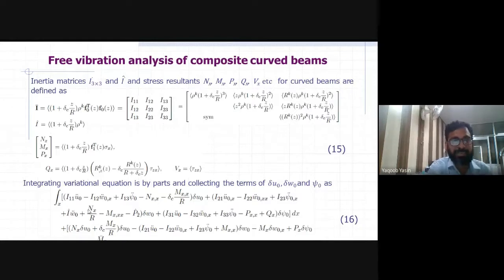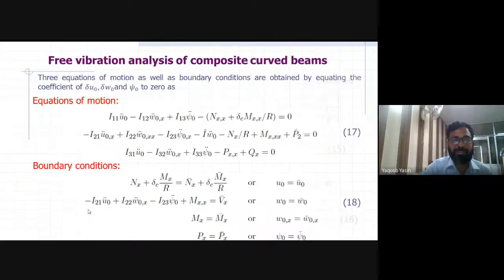Now, these displacements have coefficients of the variations of displacements u naught, w naught, and psi naught. So when we collect the coefficients of delta u naught, the variation of u naught, similarly the variation of w naught, and separately the variation of psi naught, then we will be able to find the equations of motion.